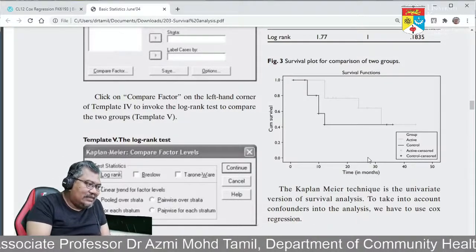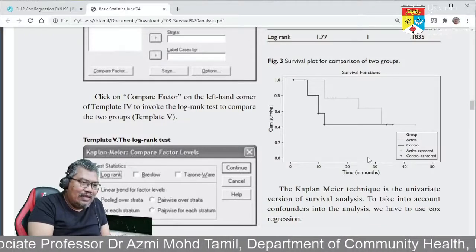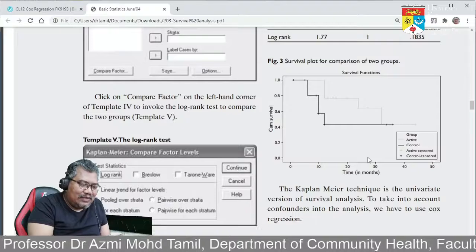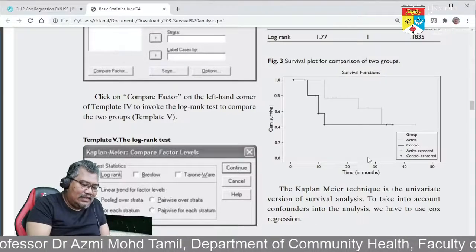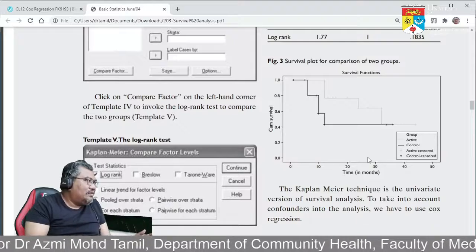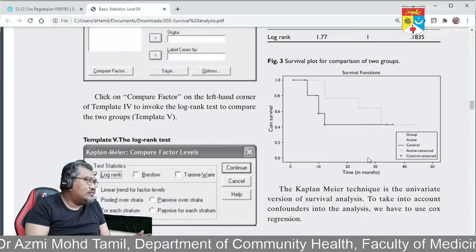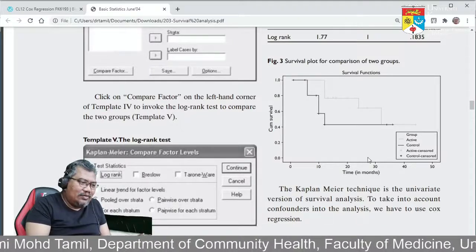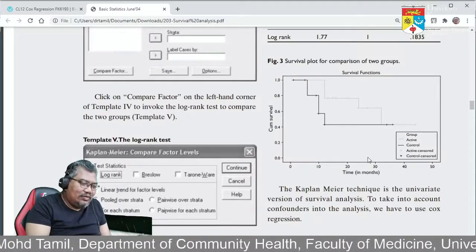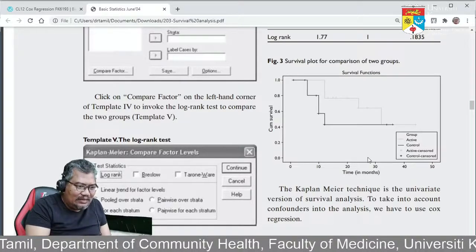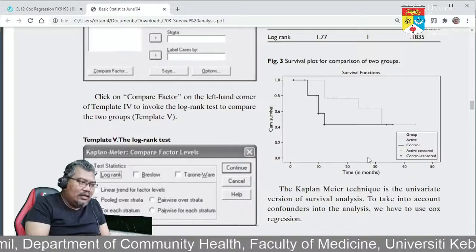But we know, in reality, the tumor size is dependent on how long before the patient comes in for treatment. If the patient comes in very late, the tumor size is already very big. So when you come in late, the chances of you dying faster are there.